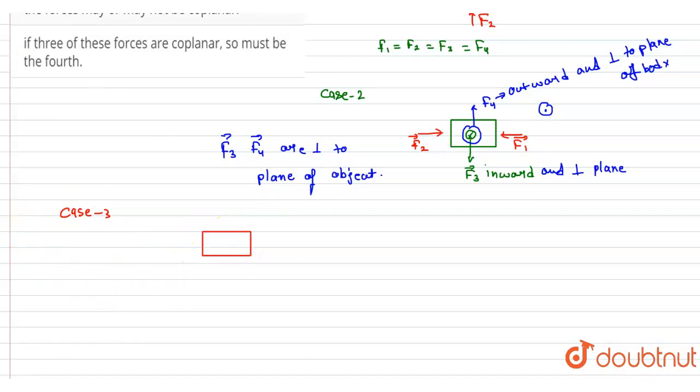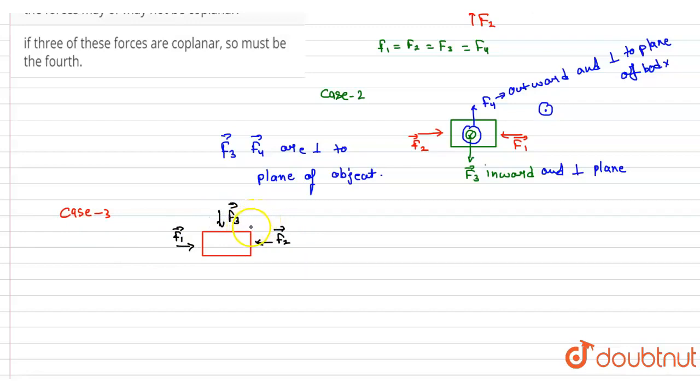This is the same body which we are taking. Now let's say F1, F2, and F3. They are in the same plane.